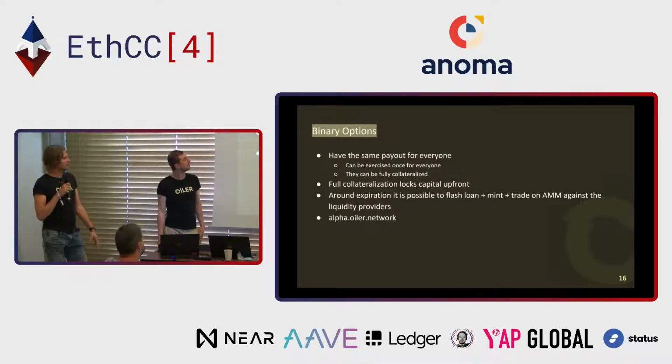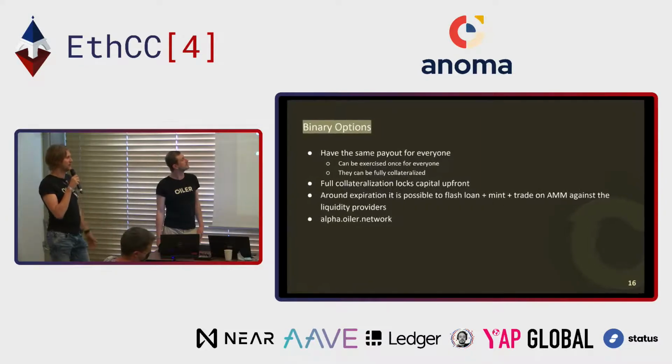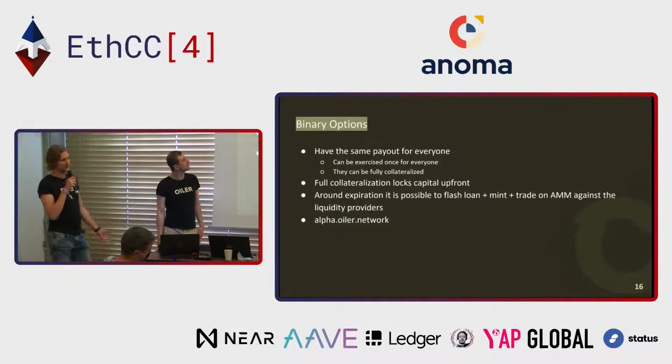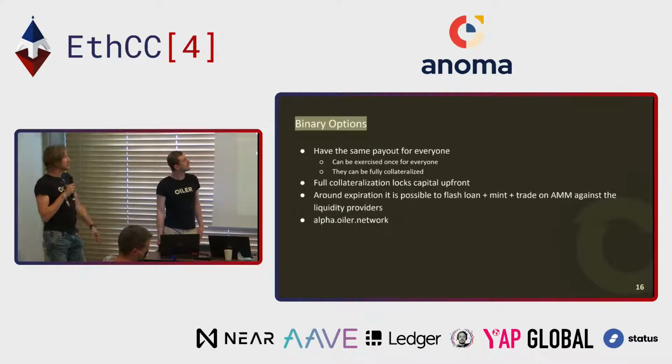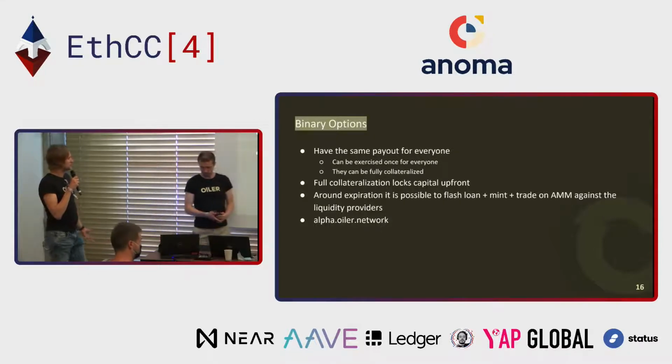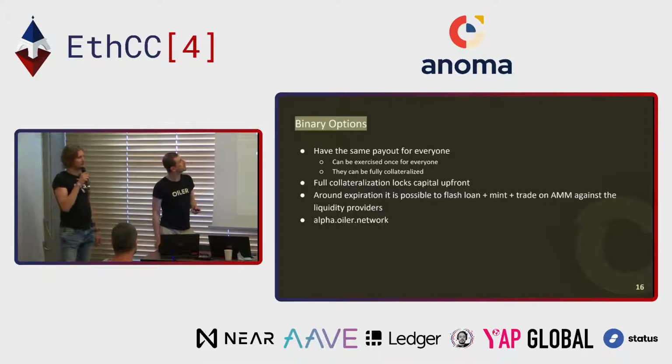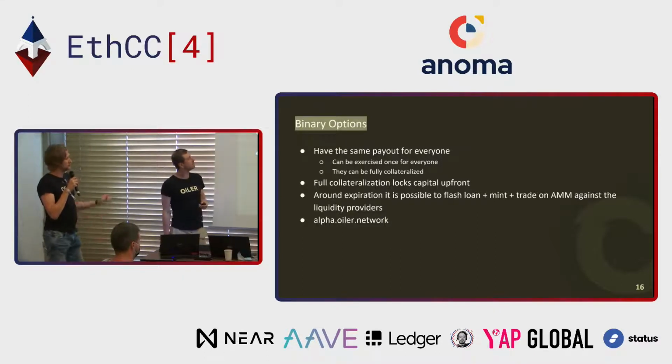And also there are possibilities to manipulate this AMM by, for example, flash loans, minting a lot of options and trading them against the pool, so liquidity providers suffer again. We tried several approaches to mitigate these problems, like theta functions or just raising the fees of the pool, so liquidity providers get more of the fees and traders have to pay more for these manipulations.